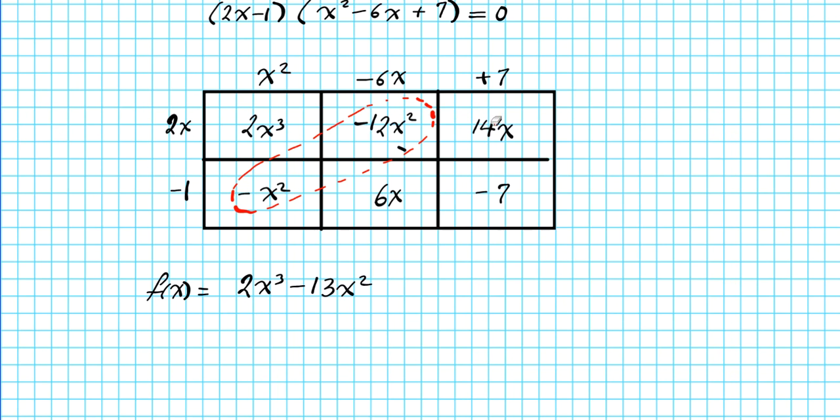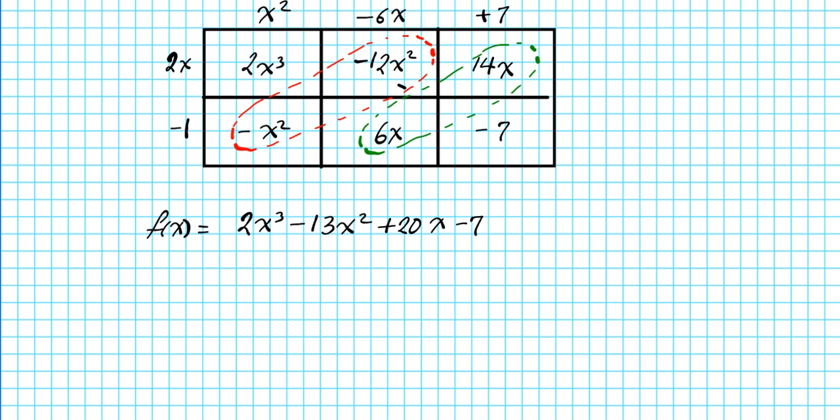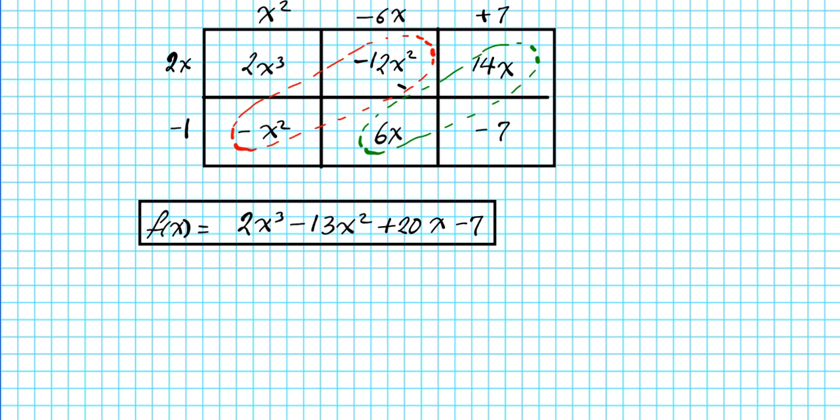We can combine 14x and 6x to yield positive 20x, and then we can just bring down the negative 7. Okay, so there goes your final answer, okay? That's the polynomial function with the indicated zeros at the onset of this problem.